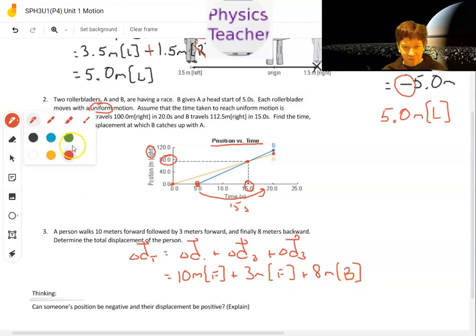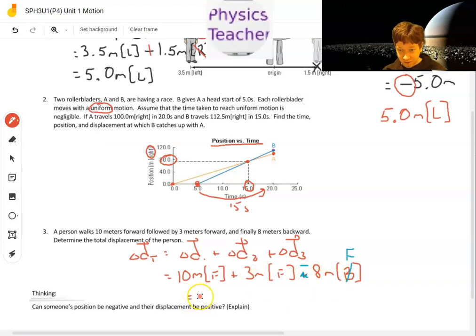However, with that 8 meters backwards, I need to do something because I can't add forward, forward, and backwards. So in order to change it to forward, I need to take the opposite sign. That leaves us with 10 plus 3, which is 13, minus 8, which is 5 meters forward.